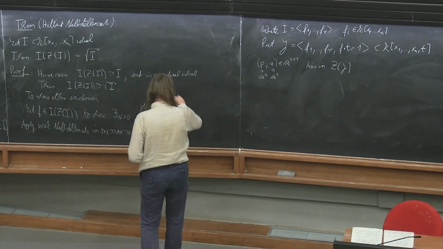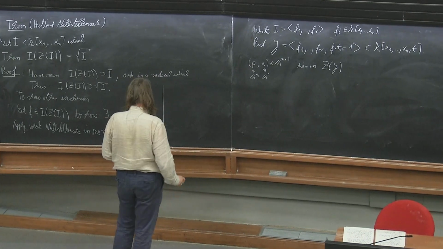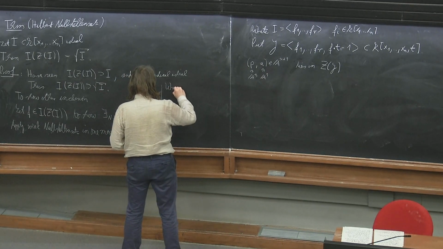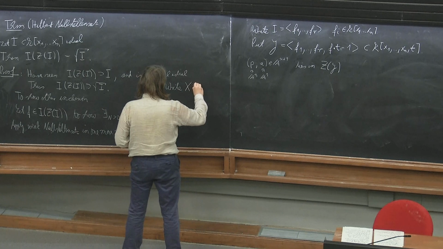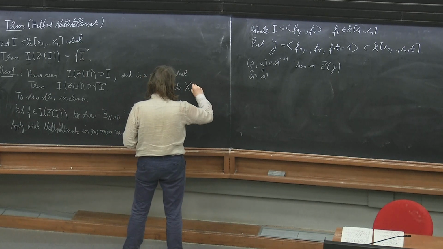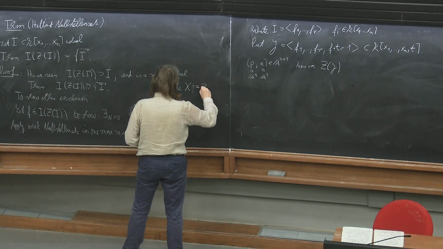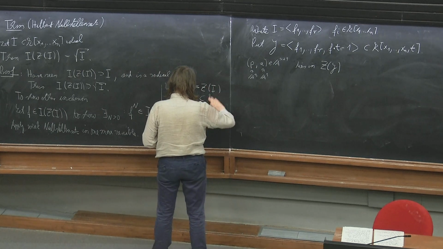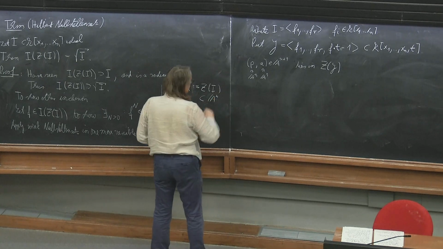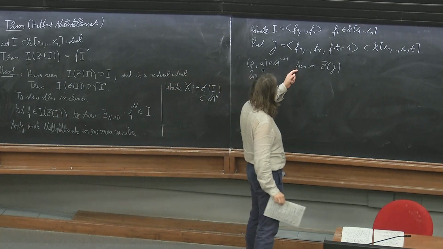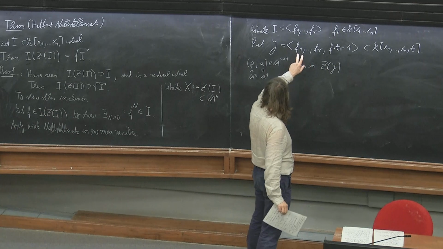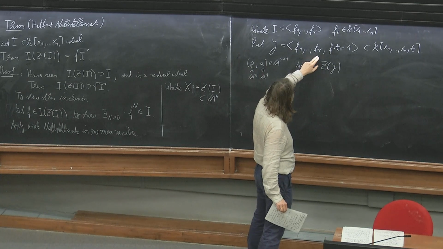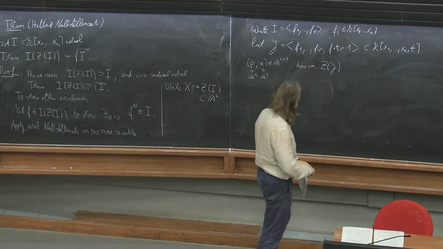So maybe, to make it a bit easier, I write X for the zero set of I in A^n. So this lies in the zero set of J if the point P lies in the zero set of I, which means in X.